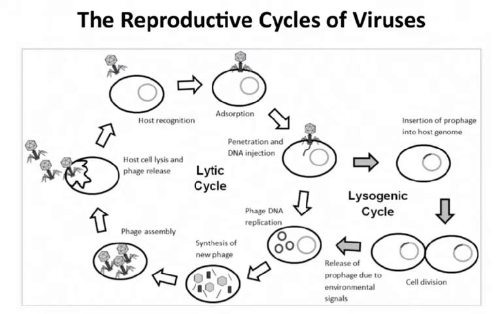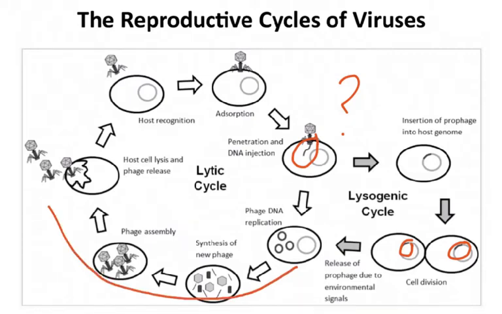So what Hershey and Chase want to find out is, what exactly is the virus injecting into the bacterial host cell that obviously is going to get replicated inside each daughter cell and then tell that bacterial cell, or give it instructions, to actually make new viruses.